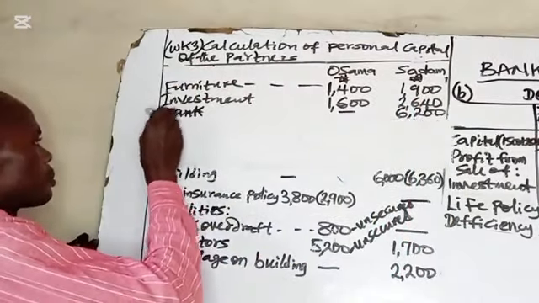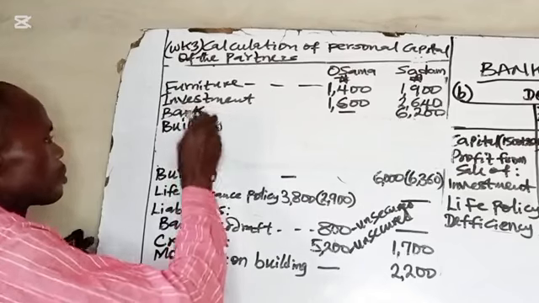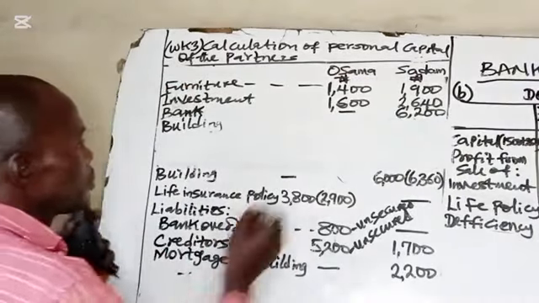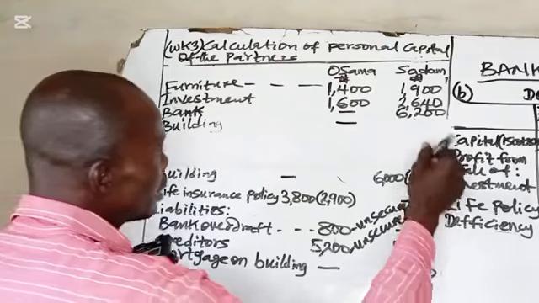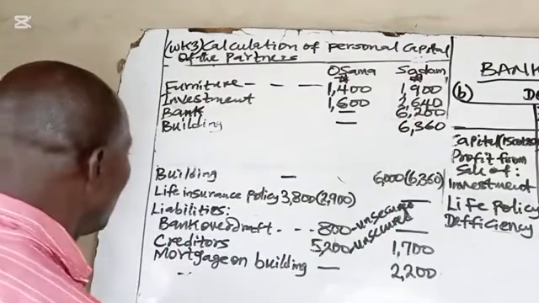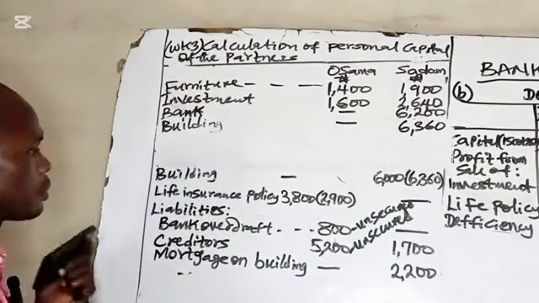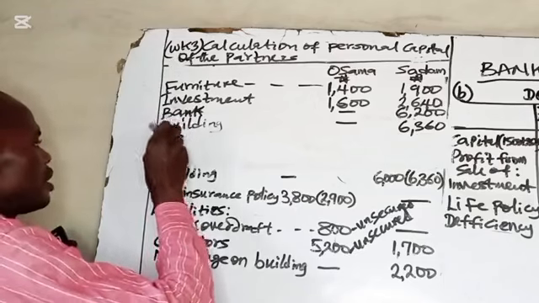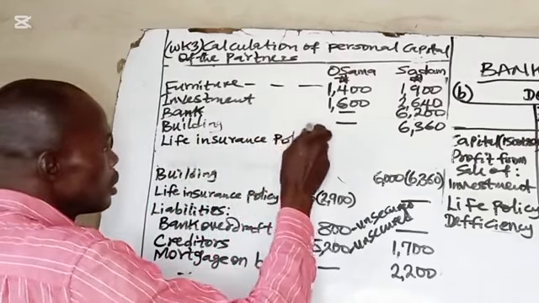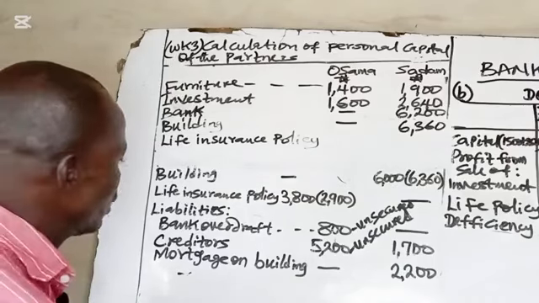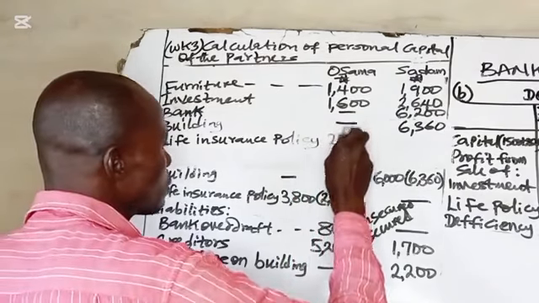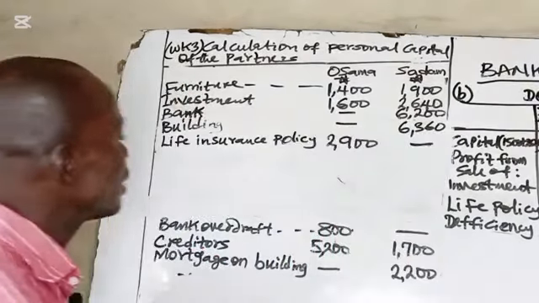Building: Osama is nil. That of Saddam, 6,360 is the book value, the cost. Life insurance policy: cost is 2,900 and nil for Saddam.